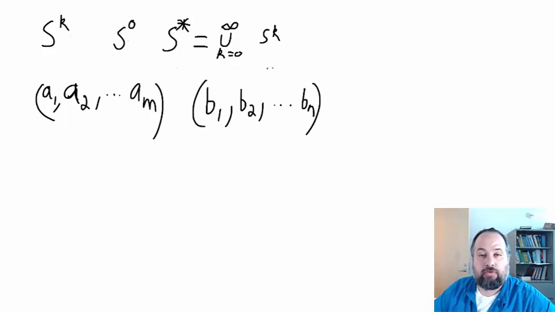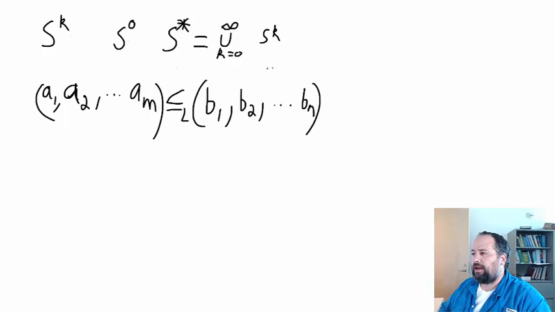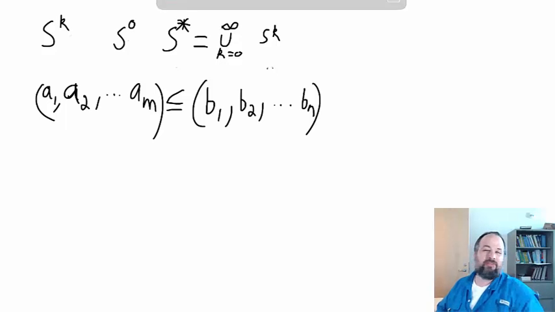So these two strings may have different lengths. There may be more symbols in one tuple than the other. All right, we say that A is, and I should put the little L there for lexicographic, but I'm just going to use less than or equal to. But there should be an L there, right?